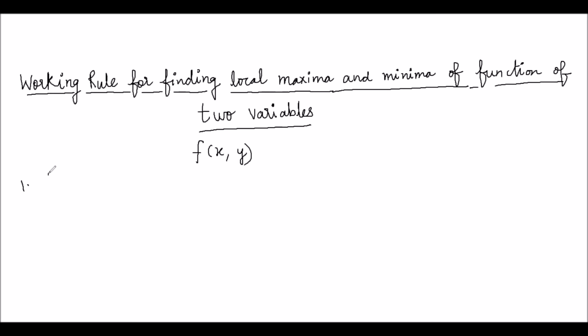So the first step is to find all critical points. And how will we find these critical points? These critical points will be evaluated with the help of the first order partial derivatives, del f by del x and del f by del y. By considering the first order partial derivatives as 0, we will evaluate all the critical points.